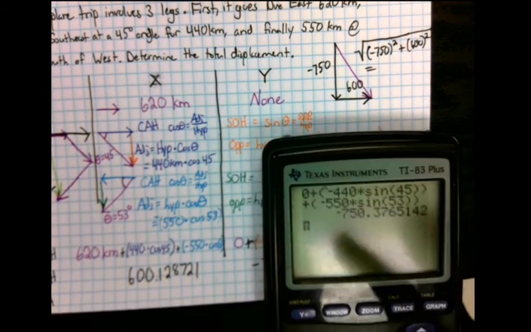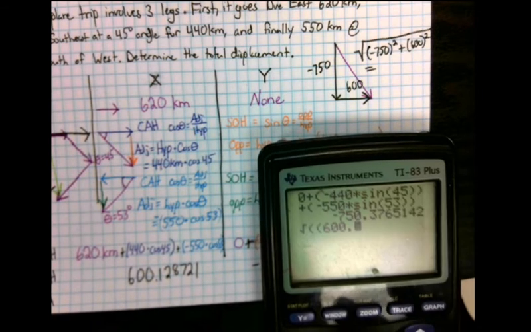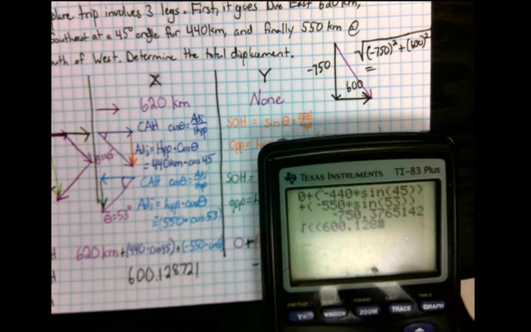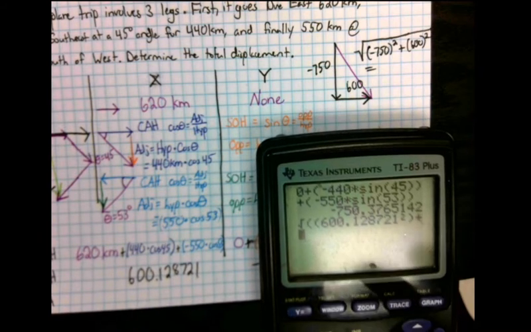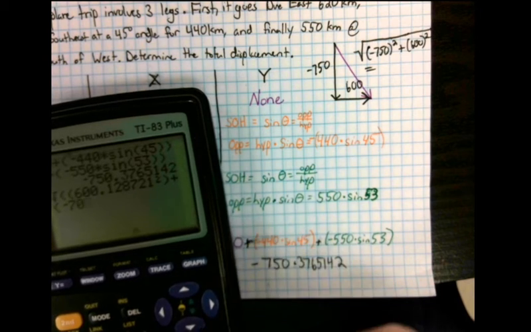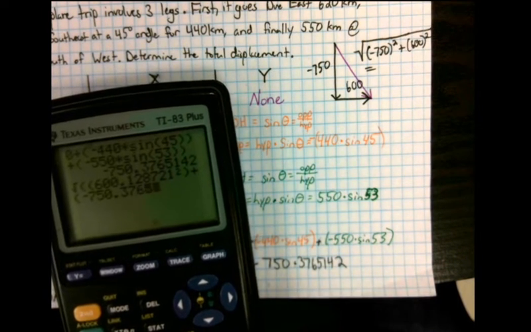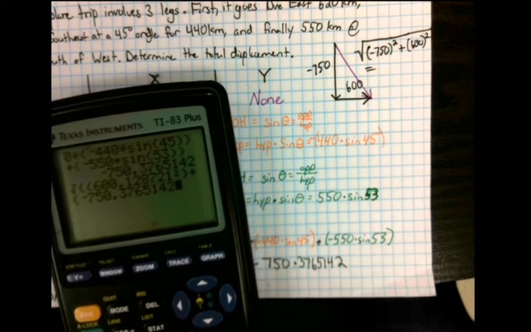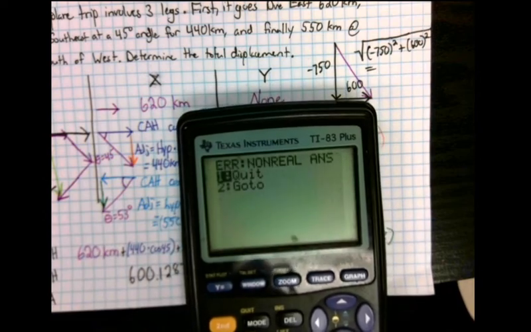We're going to do square root, parentheses, 600.12871 squared, close parenthesis, plus negative 750.3765142 squared, close parenthesis. We're going to hit enter.